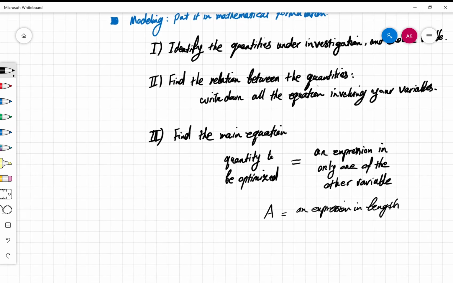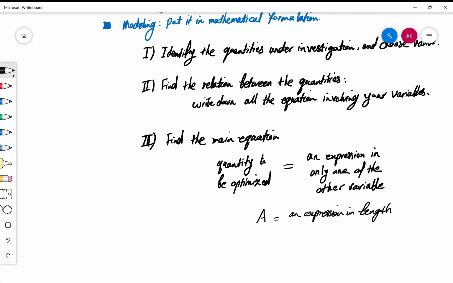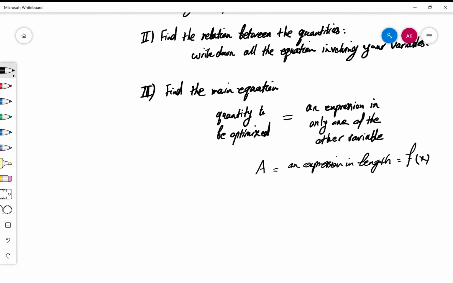If you are given that the length of fencing material is fixed, that will give you a relation between the width and length, and you can write the area only in terms of length. So this would basically be a function of x, a function of an independent variable. And this is basically what you have now.